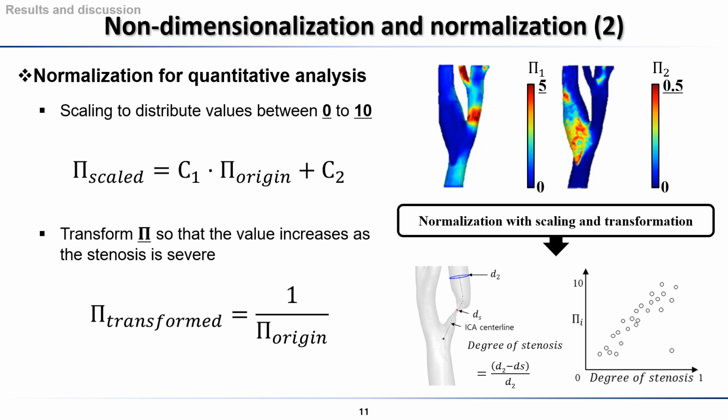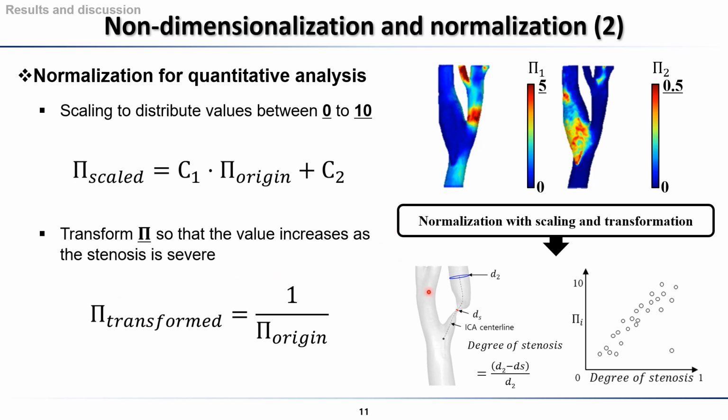Next, we normalize the non-dimensionalized variables. To quantitatively compare variables of different scales, we first scaled each variable to have a value between 0 and 10. Then some variables were transformed so that the value of the variables also increased as the degree of stenosis increased.